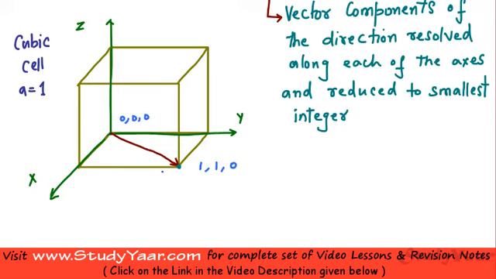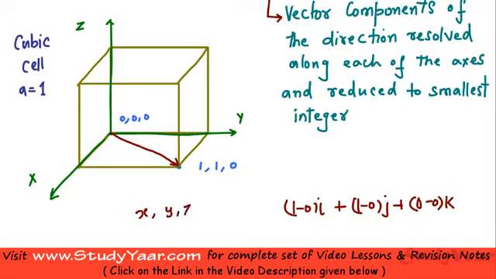So the direction for this point is 1 minus 0, 1 minus 0, 0 minus 0. If you were to represent it as a vector, it's going to be (1 minus 0) i plus (1 minus 0) j plus (0 minus 0) k, where i, j and k are unit vectors along x, y and z.